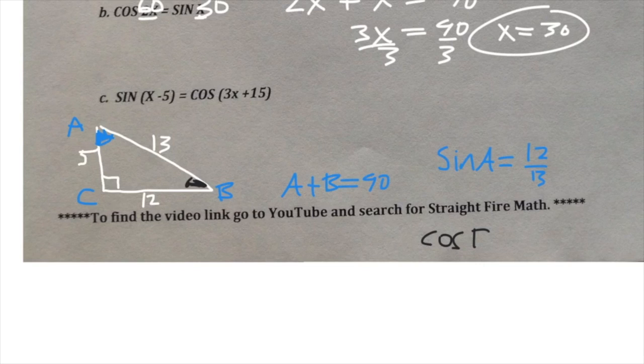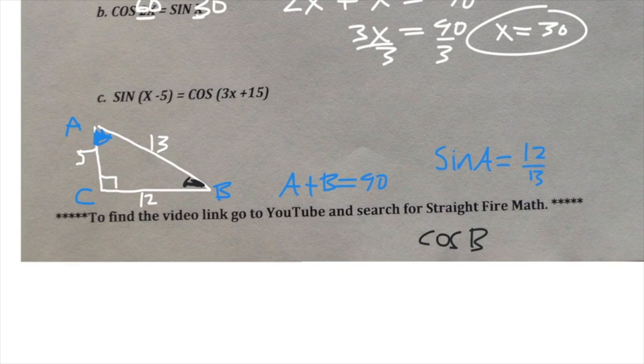The cosine of angle B is the adjacent over the hypotenuse. Well, the adjacent side for angle B happens to be the 12, and the hypotenuse is still 13. When you switch angles from A to B, the hypotenuse stays the same, but the opposite side and the adjacent side change places. And that's why, if you've got two angles that add up to 90 degrees, the sine of one will always be the cosine of the other.